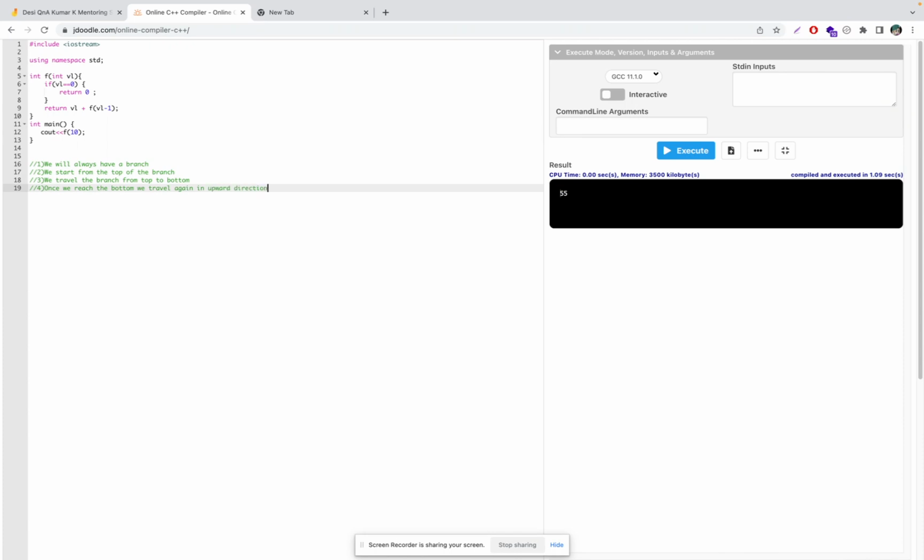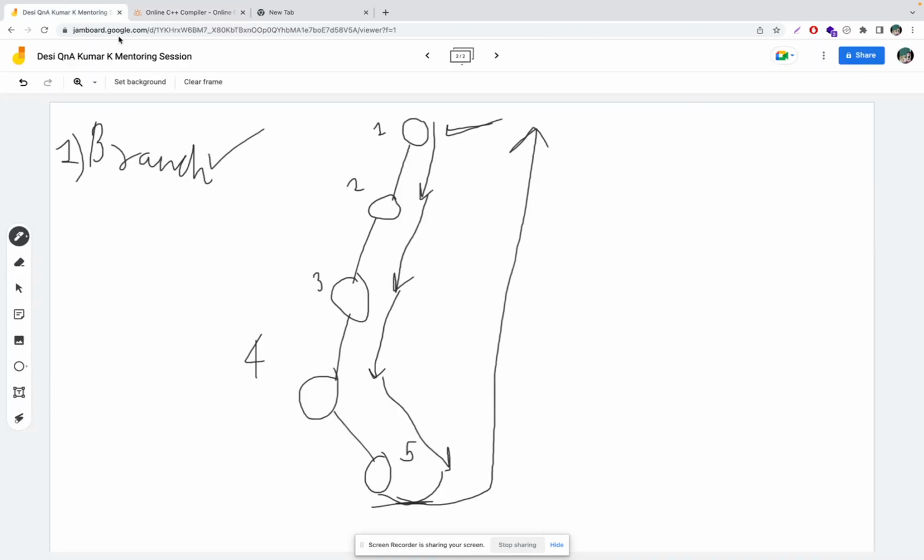Now guys comes the most important point. Whenever we are going down a branch, it means we are exploring.